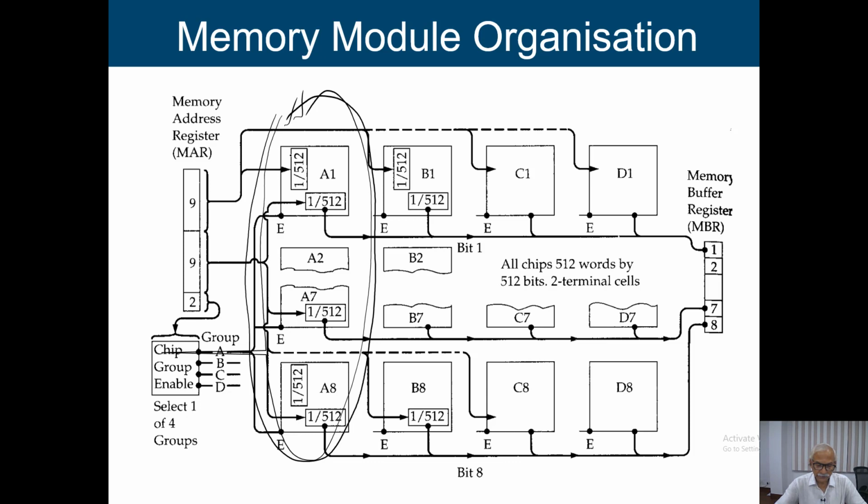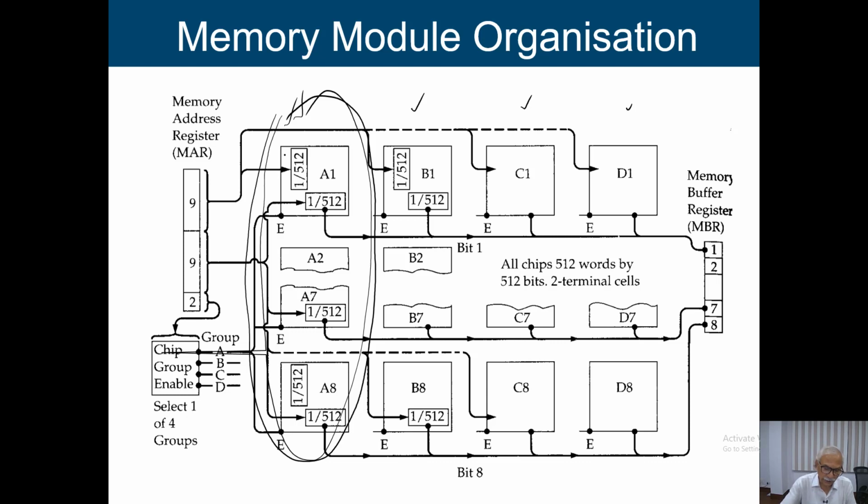Similarly, you are going to have B, C, D. So these are A, B, C, D. Now I have 4 different memory modules. The first memory module is constructed with the help of 8 memory chips. B is another bank, C is another bank, D is another bank.